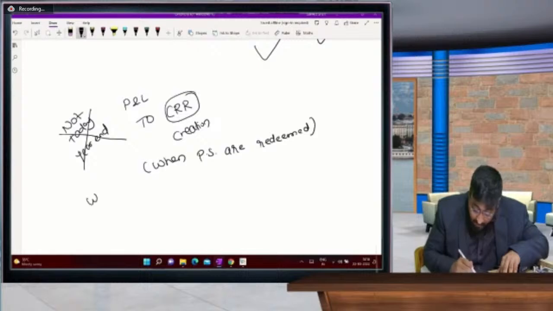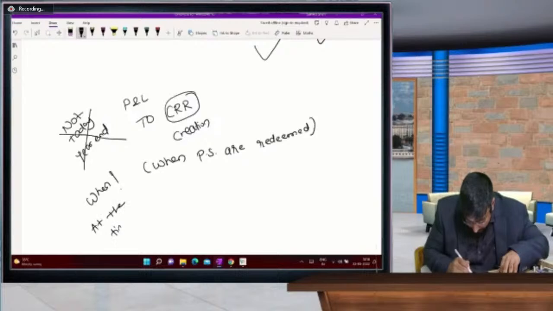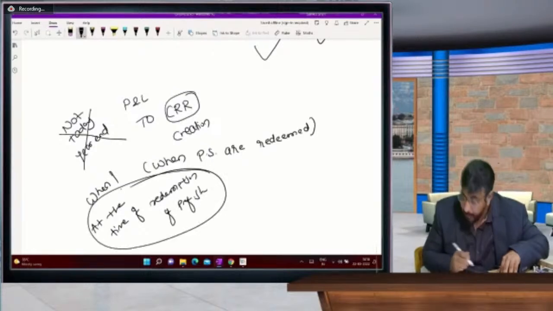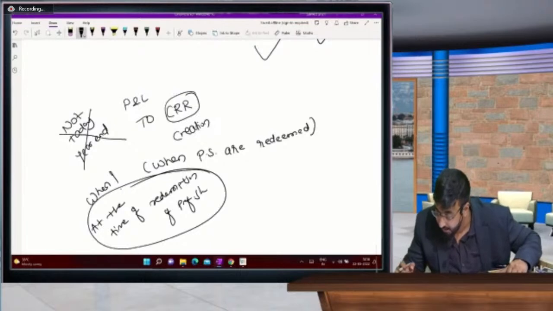It is created at the time of redemption of preference shares.